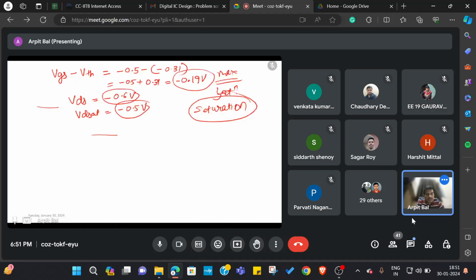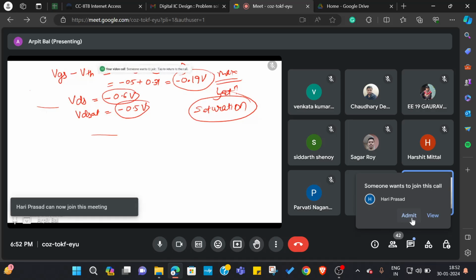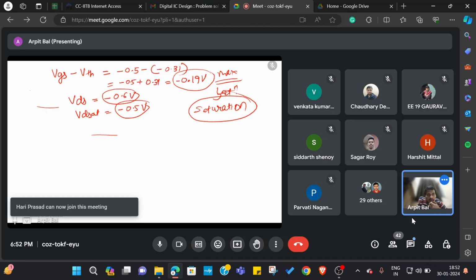Someone in the beginning asked me about the PMOS thing. Is this clear, how we identified the region of operation for PMOS? If it is clear, please let me know through the chat box. If anyone has a doubt, just let me know. Is it clear?